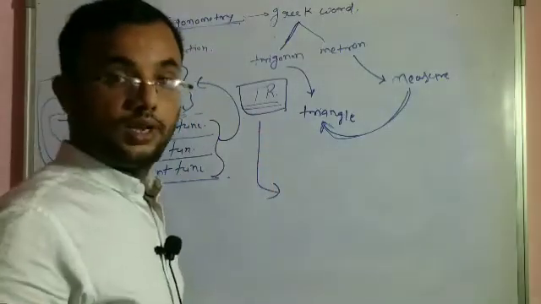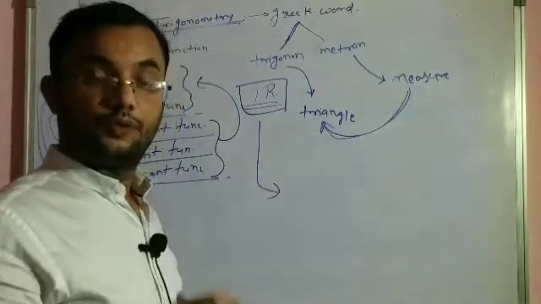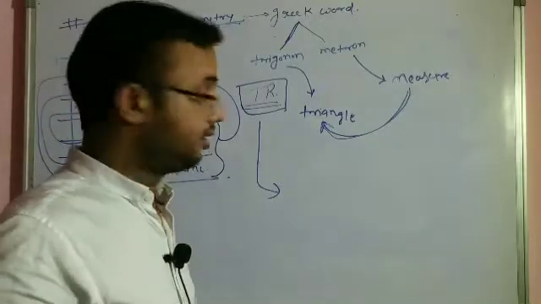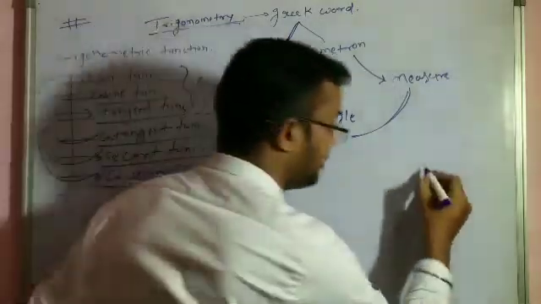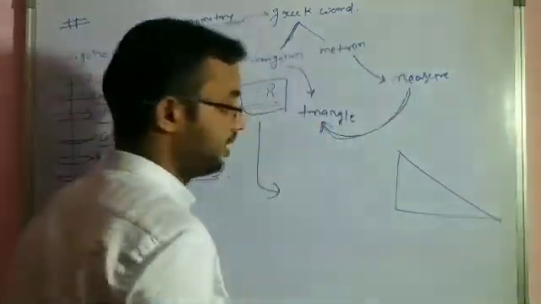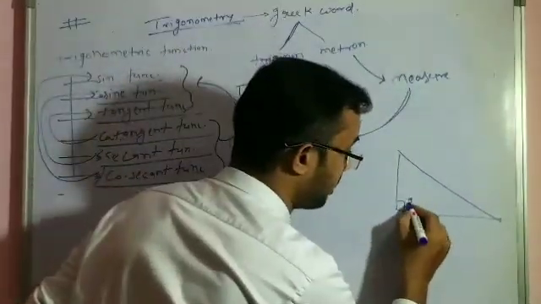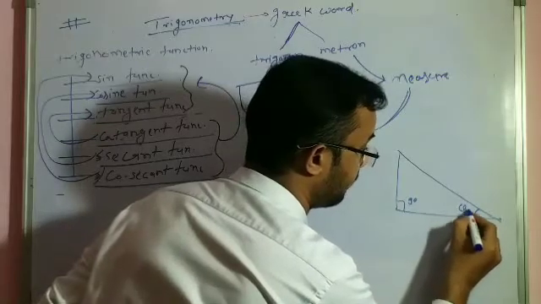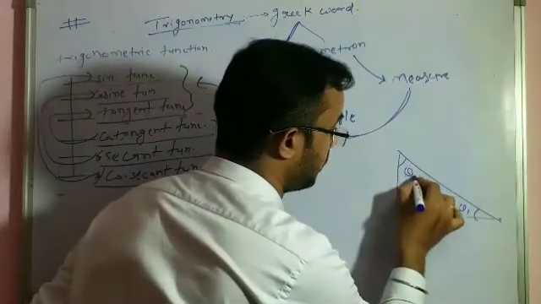Trigonometric ratios are always calculated for a right angle triangle. Suppose that is a right angle triangle. That angle is 90 degrees, that angle is theta 1 and that angle is theta 2.